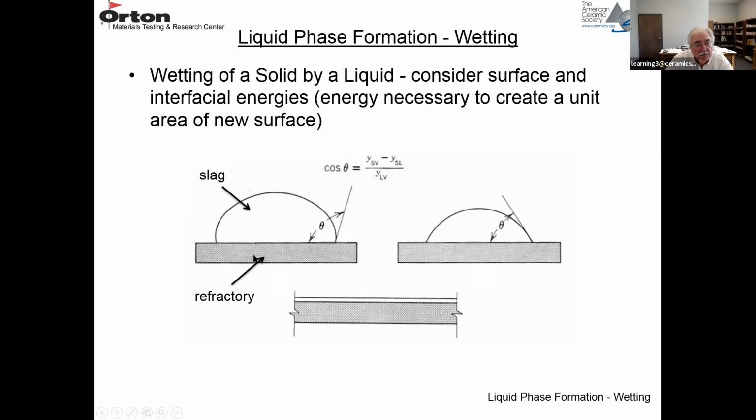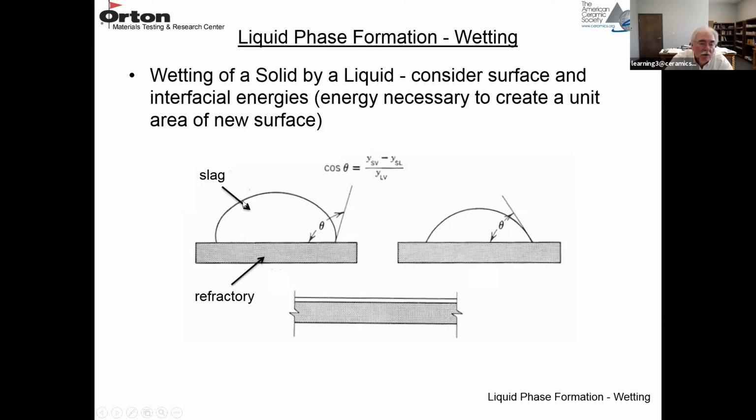So now we have slag sitting on top of a refractory. If the slag completely spreads, it's complete wetting. So now we have a thin layer of the slag on the refractory, there's wetting, and now you can have a reaction between the slag and the refractory.